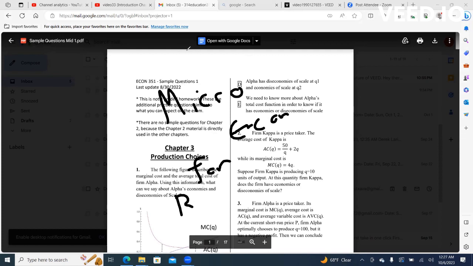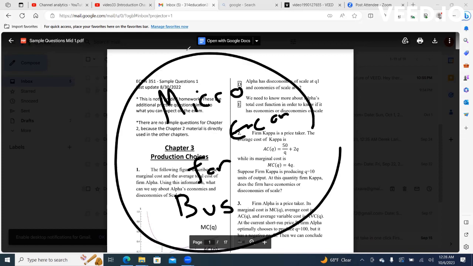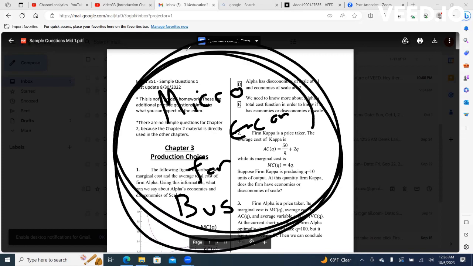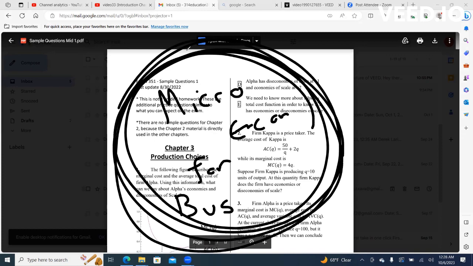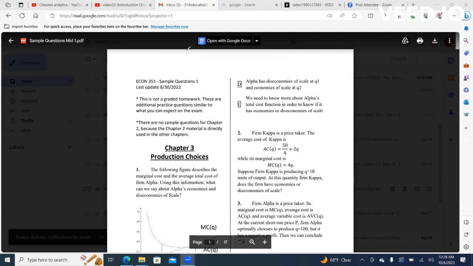It is a full complete micro econ class, but it lacks a few concepts and it gains other concepts in business. So it's a microeconomics class with focus on business. It's a full college course and it's a lot of work just as one course.